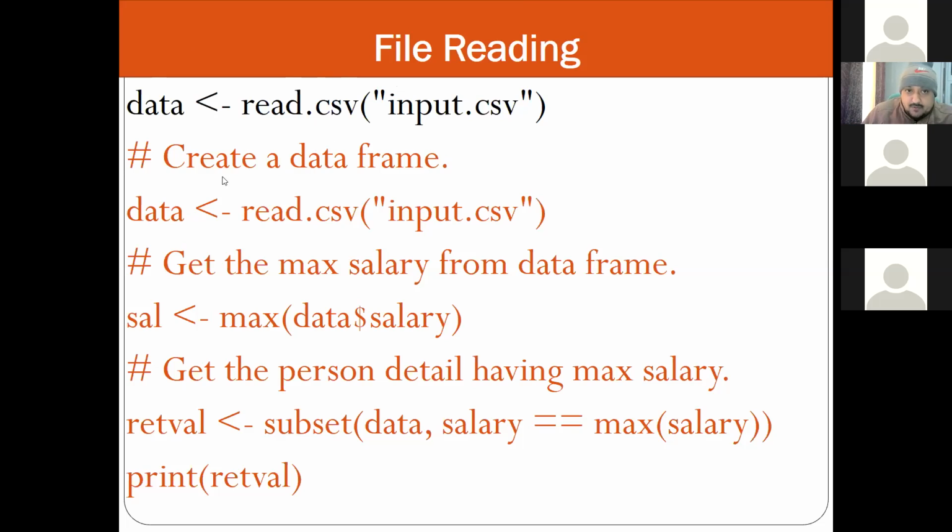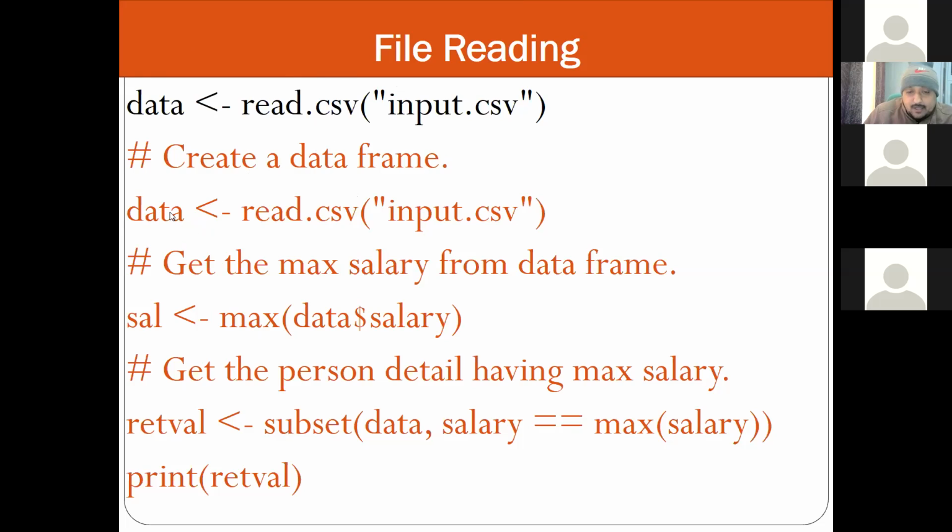After that, we read this data, and we have to find the maximum salary from a data frame. In that case, you just write max for the maximum. You apply this max function on the salary feature present in our data, because a lot of features will be available.